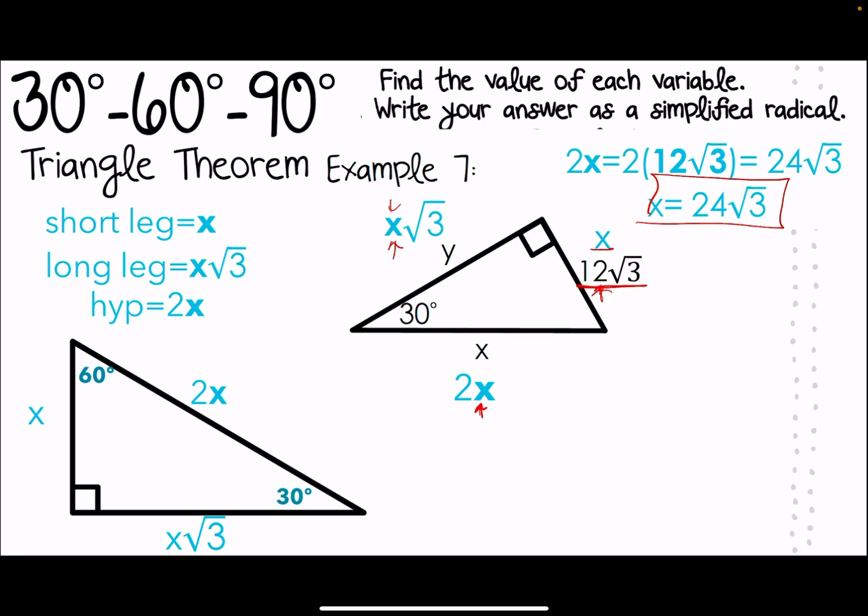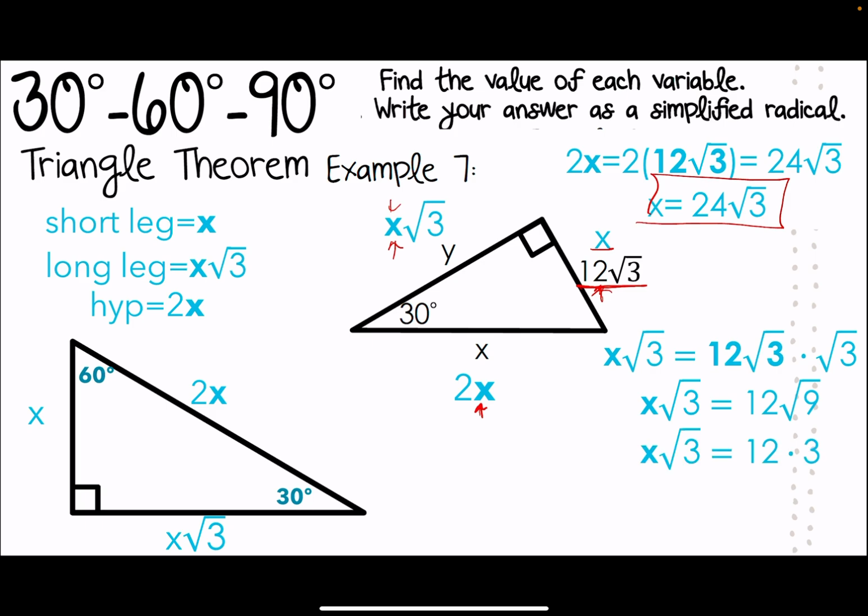On this one, it's going to be 12 square roots of 3 times the square root of 3. So that's 12 square roots of 9, which is really just 12 times 3. And if you're seeing that trend, all that's happening is that radical knocks out and it just becomes 12 times 3.